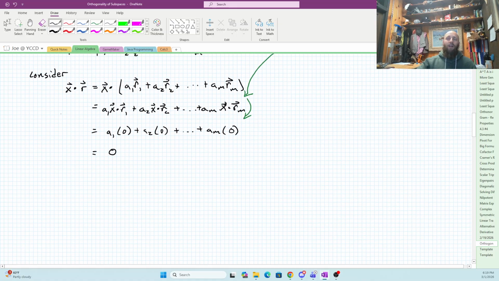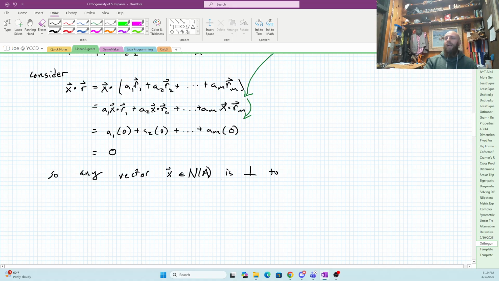And that's enough. So any vector x in the null space of A is perpendicular to, or orthogonal. There's a slight distinction between those two words, but it's not incredibly important right now.